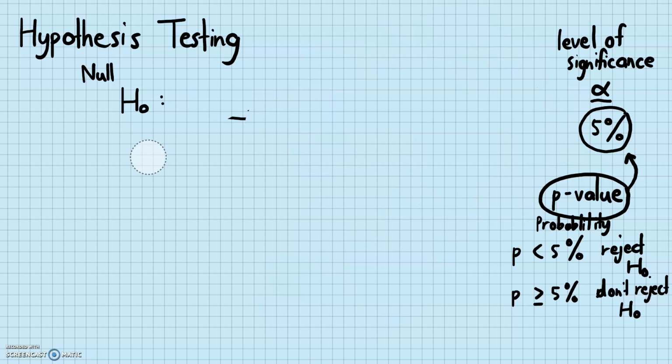And basically, the way you get the p-value is through a normal distribution. So let's say that our null hypothesis is that the mean IQ level of the population is 100.